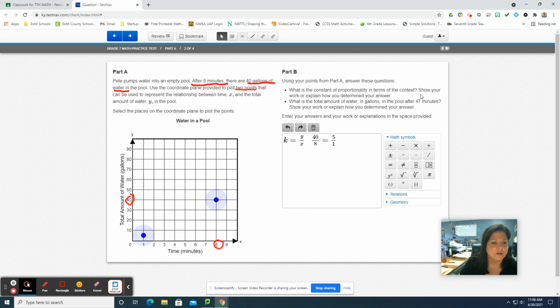Right? Okay, so it says, what is the constant? I've got that, but it says in terms of the context. And so the context of this problem is based on total amount of water and time.